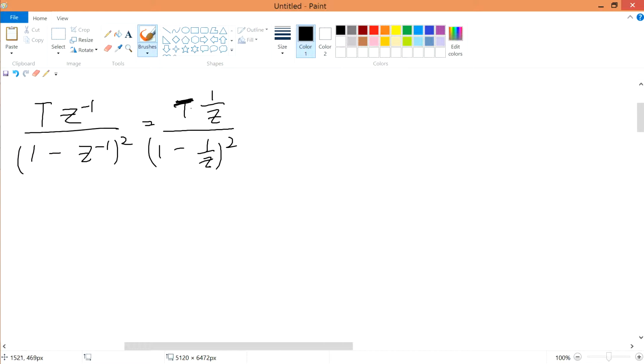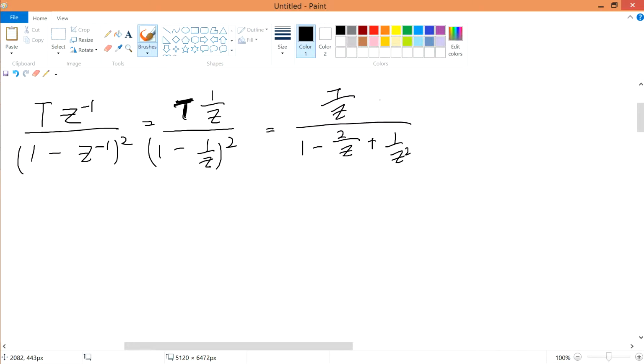Now what we can do is to rearrange stuff. So I have T over z, and I'll expand out this thing. I'll have 1 minus 2z plus 1 over z squared.